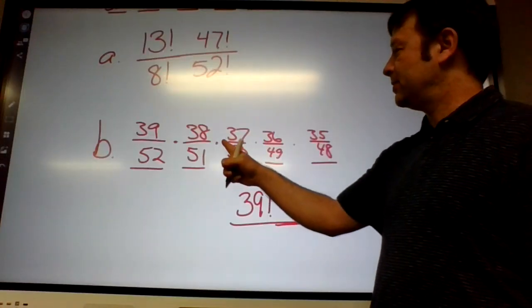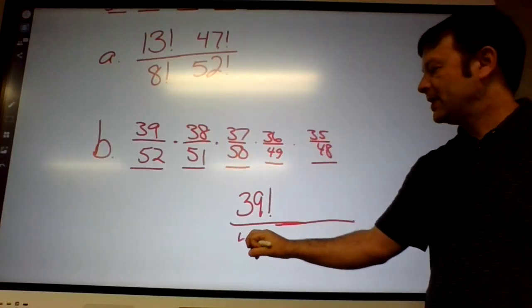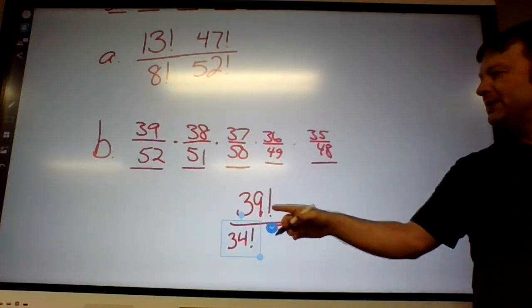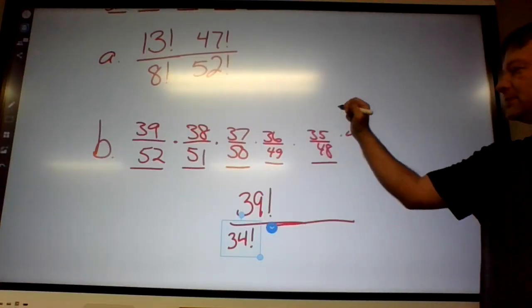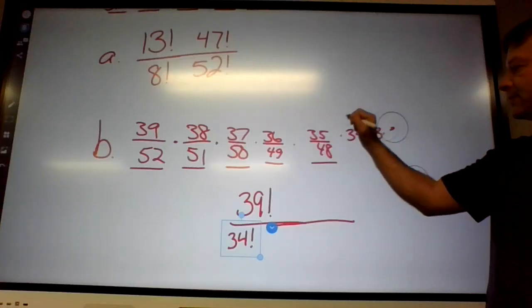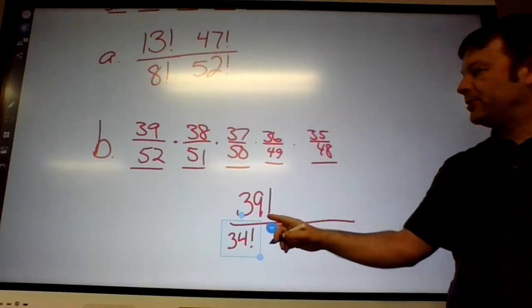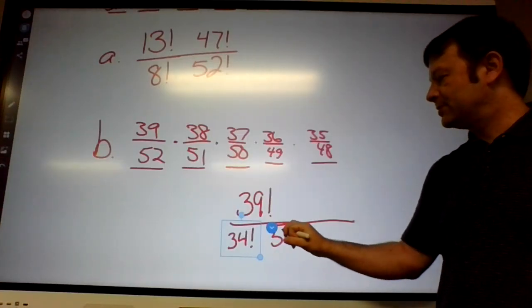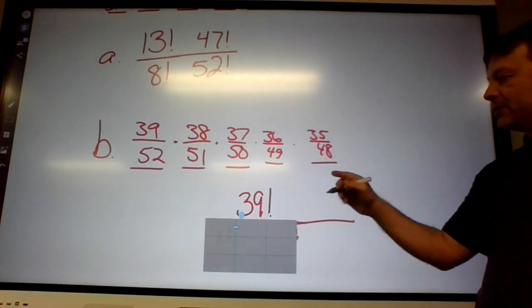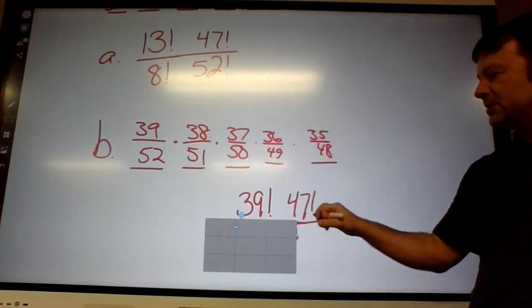Okay, the book didn't actually plug this in, they just wrote 39 factorial over 34 factorial. So, you guys understand why they put 34 factorial down here? Because they would get rid of the times 34, times 33 stuff. And on the bottom is 52 factorial. And it's missing 47 factorial over here, so they put that on top.